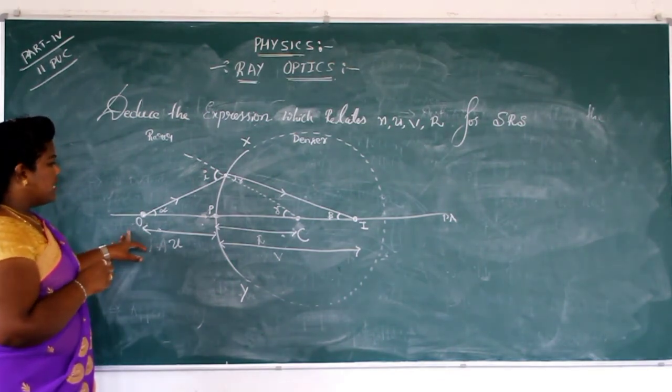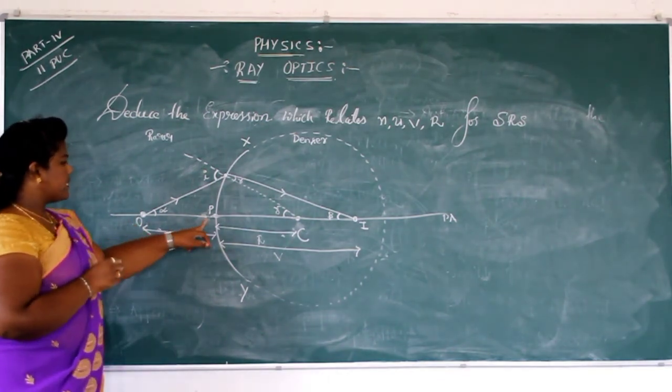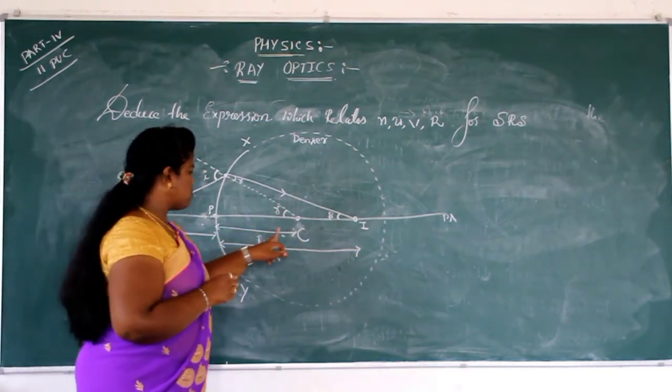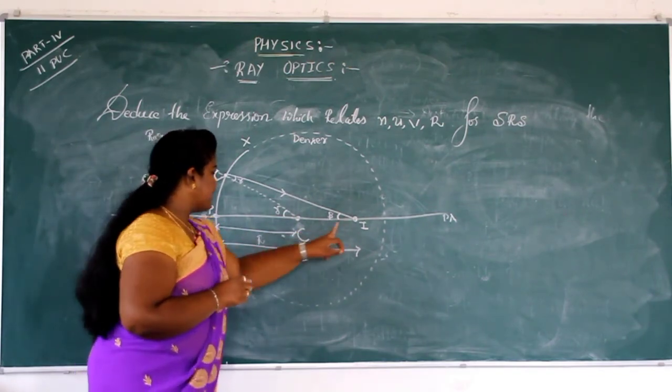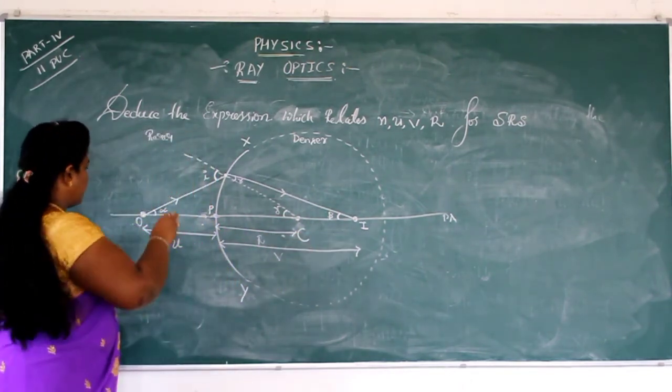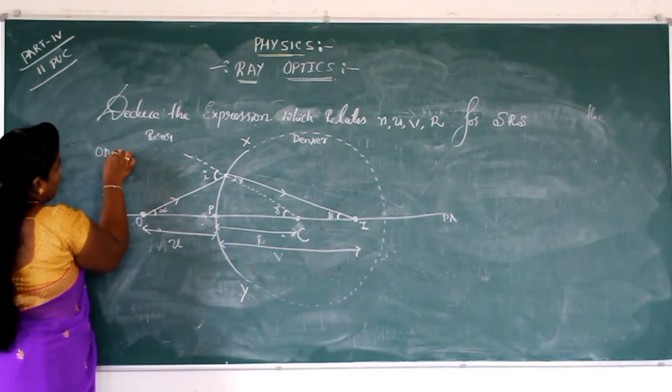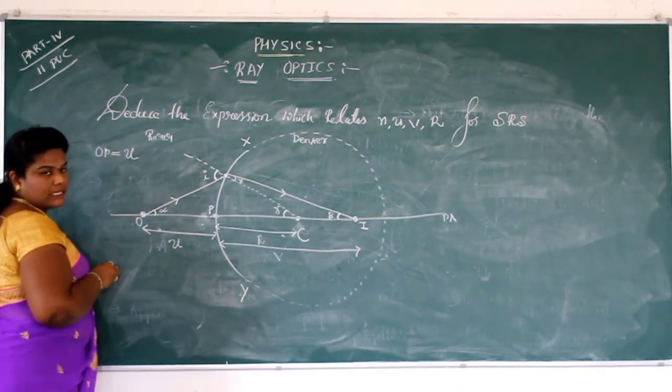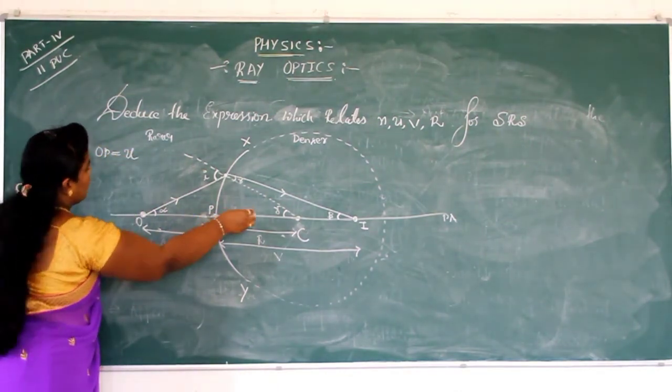Let us note it down. OP is equal to u, PC is equal to R, PI is equal to v.